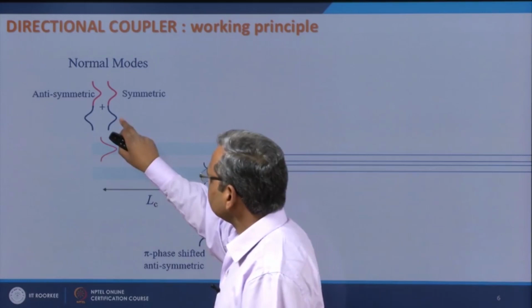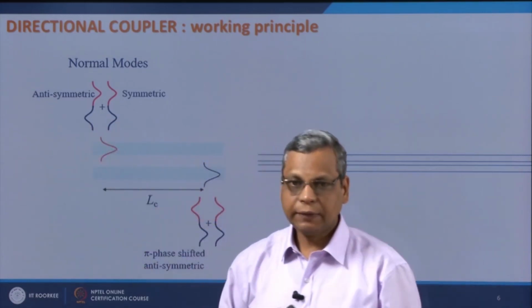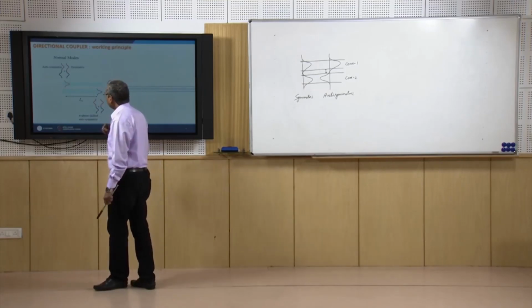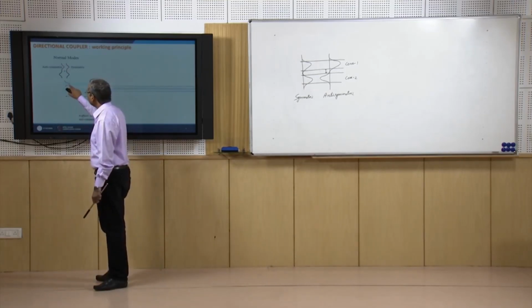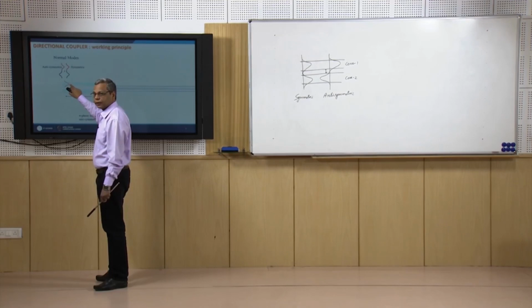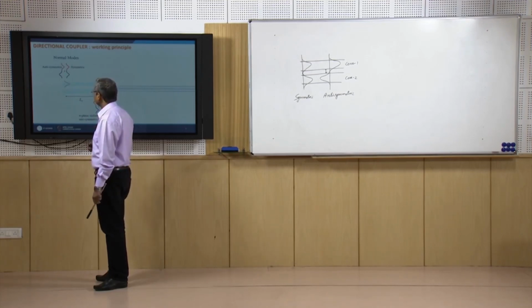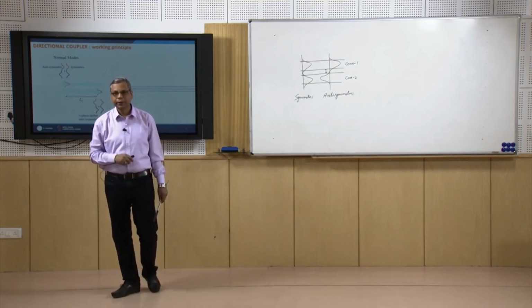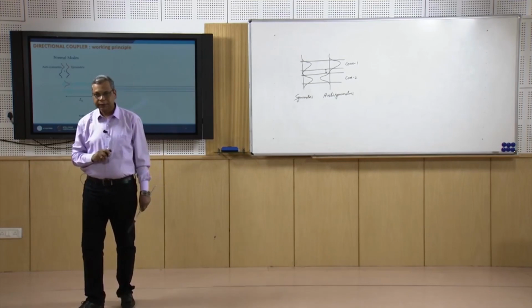Now, since these are the modes of the system, they will retain their shape. So, I can understand the propagation of this in the composite system in terms of propagation of symmetric and anti-symmetric modes, because they retain their shape, but they have different velocities.